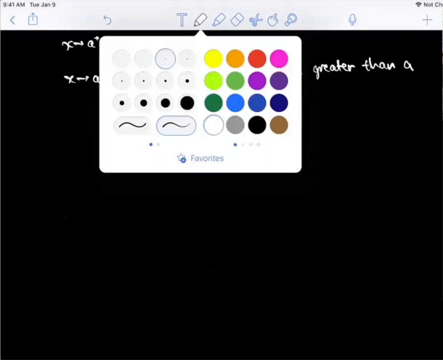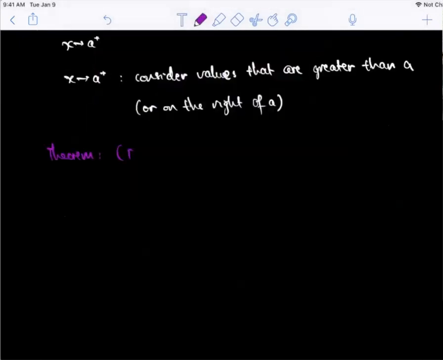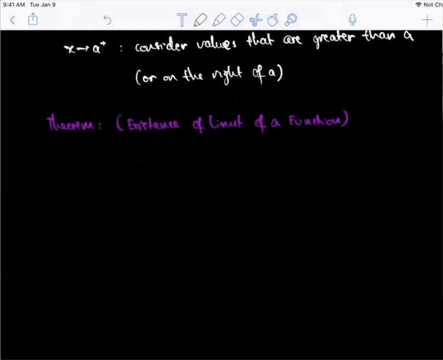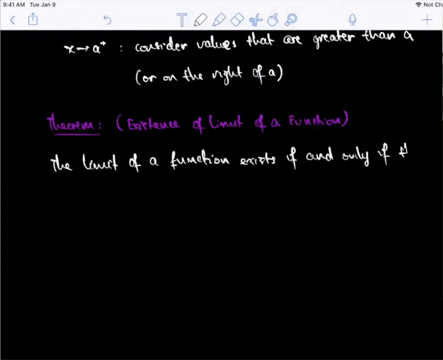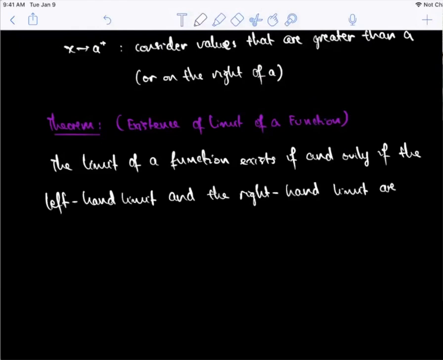Let's move on to the theorem. Existence of limits of a function. For this theorem, we say that the limit of a function exists if and only if the left-hand limit and the right-hand limit are equal to the same value.